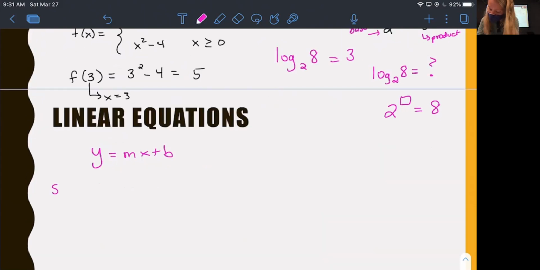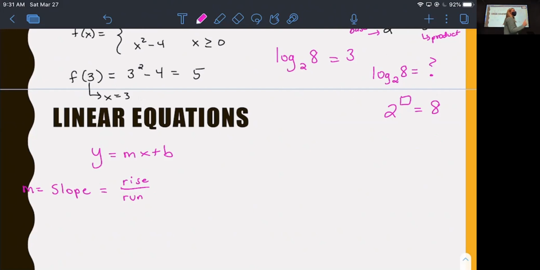What's the equation for slope? Yep. Whichever way you're going to pick, it works both ways.